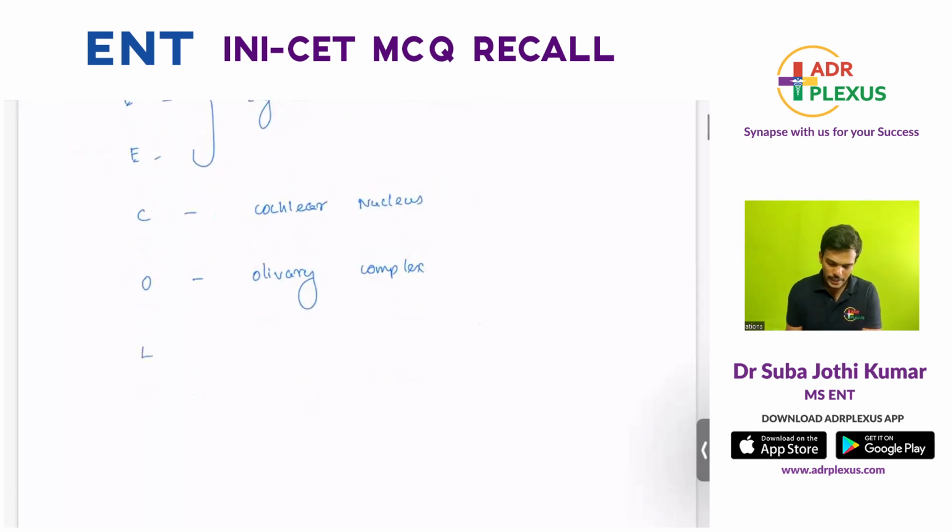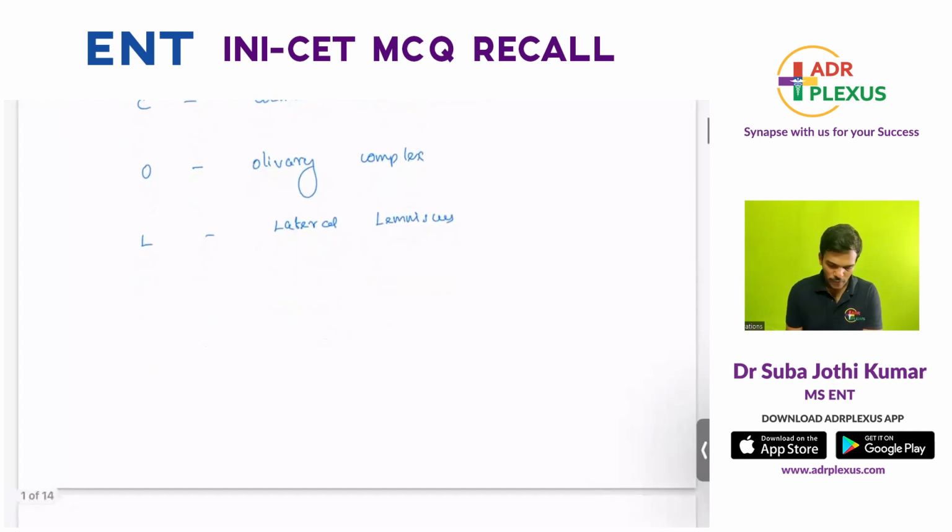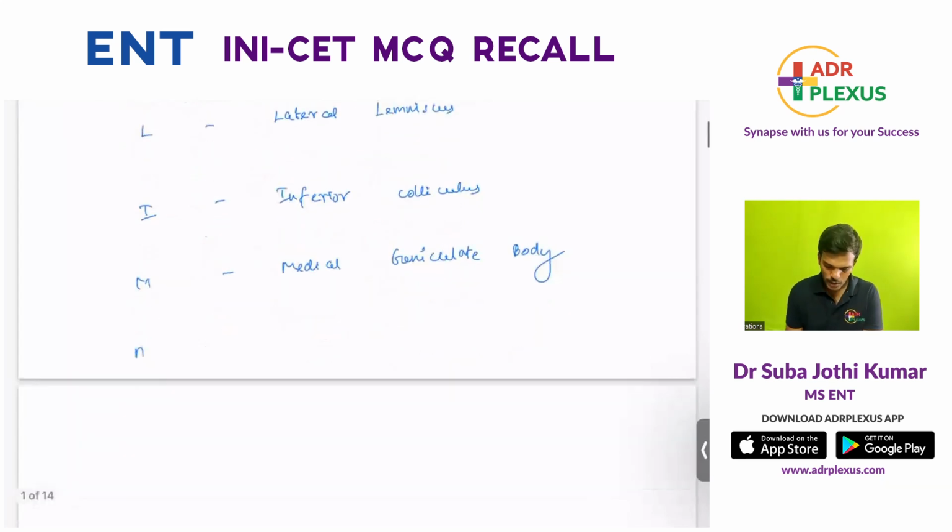L for lateral lemniscus. I for inferior colliculus. M for medial geniculate body. A for auditory cortex. Clear?